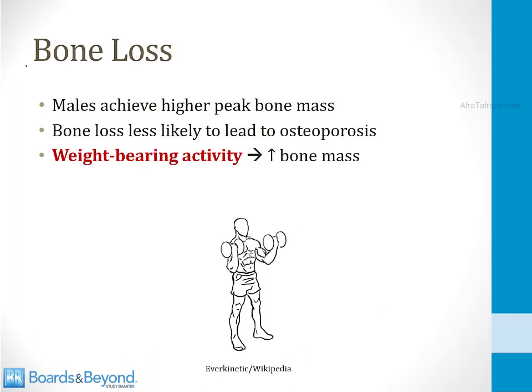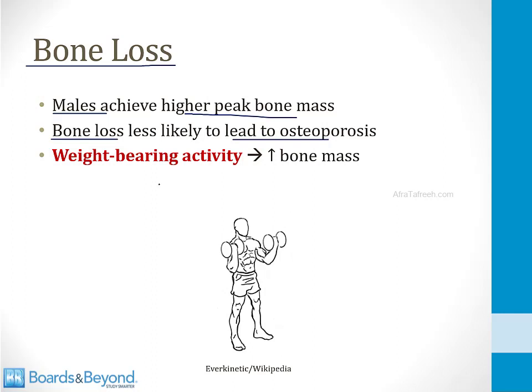So some key points about bone loss are shown on this slide. As we saw on the graph on the previous slide, males achieve a higher peak bone mass compared to females. This means that bone loss in men is less likely to lead to osteoporosis. Basically, men have a greater bone mass and therefore they can lose more bone before their bones become dangerously thin and develop osteoporosis.